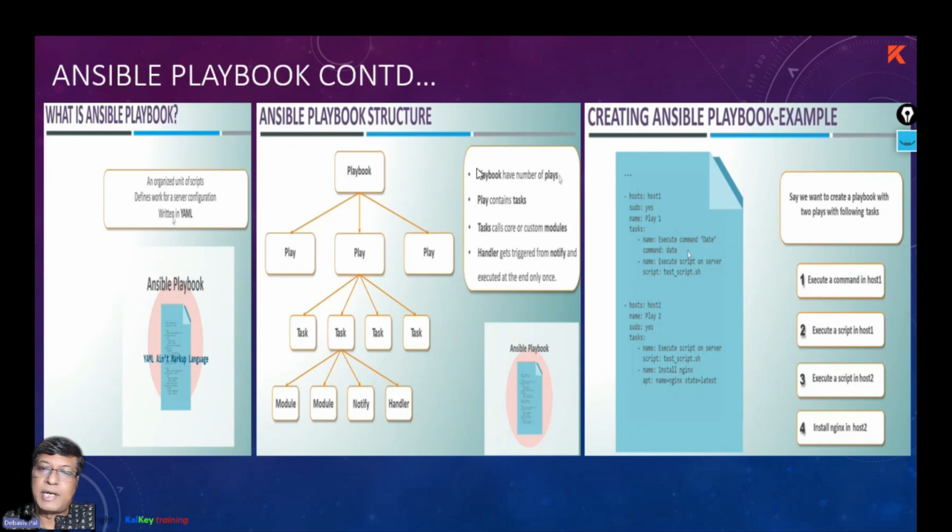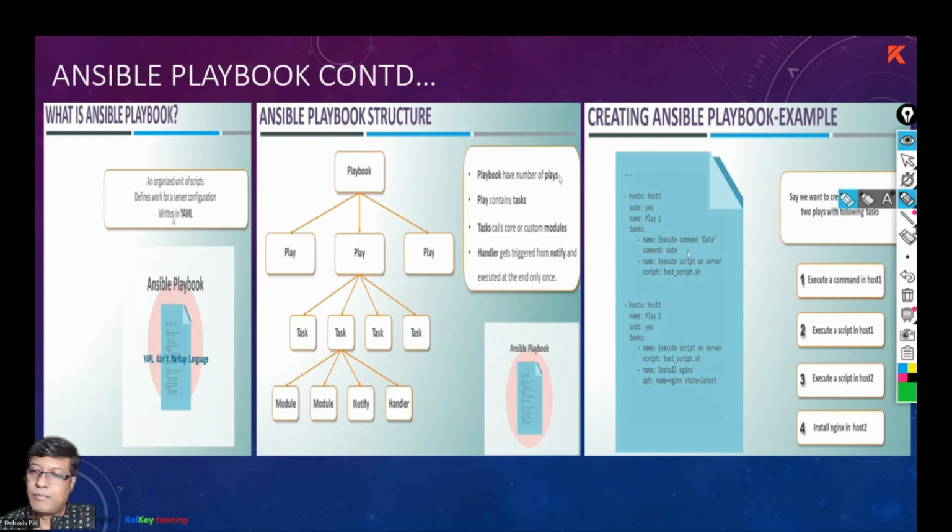Tasks. So you can club your tasks over here under the heading. When I say the tasks, can you see this task is a key, colon, like here the host is a key, and what is the value?